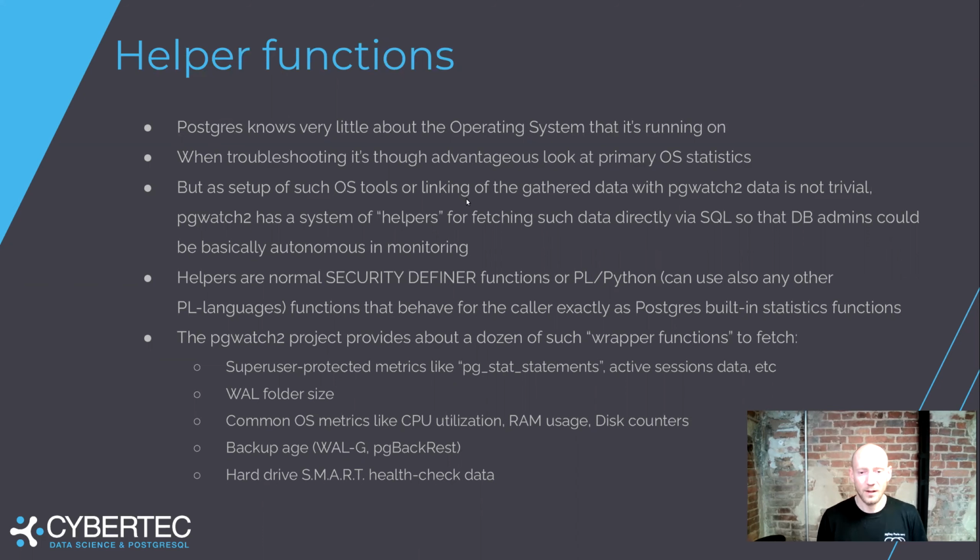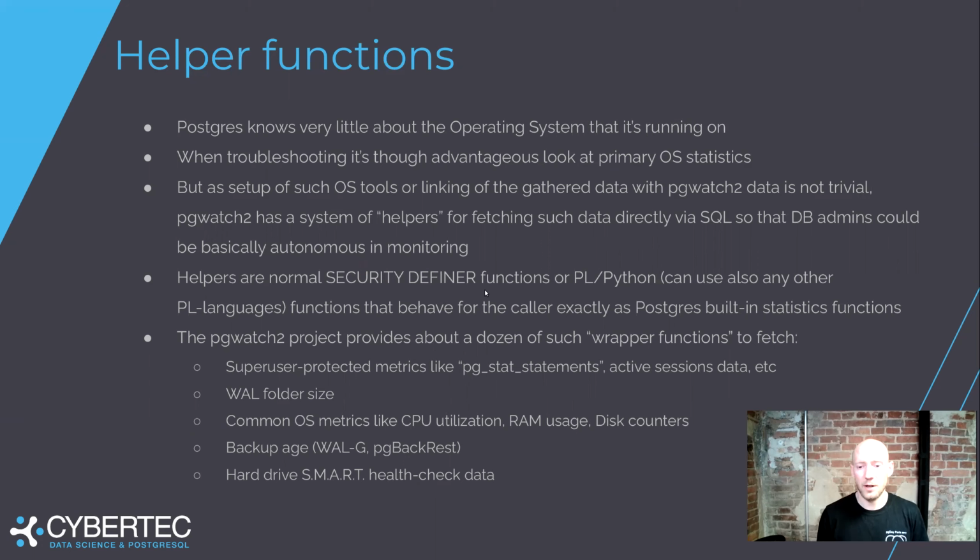That's actually a good thing, because it can run on all kinds of weird platforms. But how do we get those operating system informations? We can install some helper functions on the databases that we monitor.